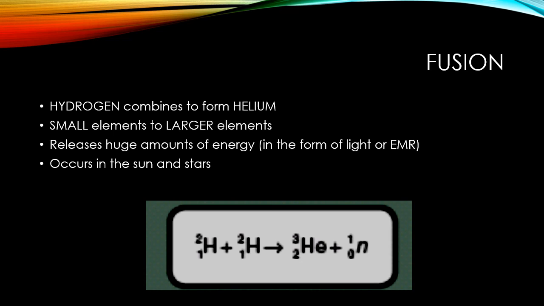Not even levels of nuclear energy, where nuclear energy is hundreds of times more energy than combustion reactions. This fusion is that next level. It is way more powerful and way more energy released than nuclear fission reactions. And this fusion is what occurs in the sun and different stars around in our galaxy.